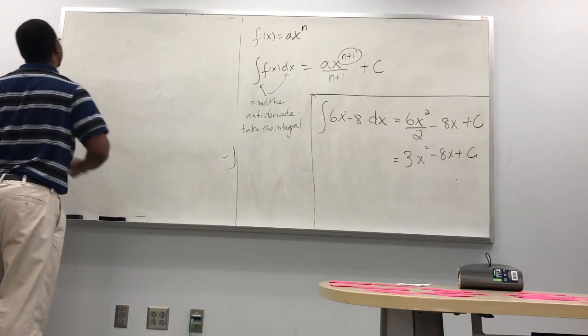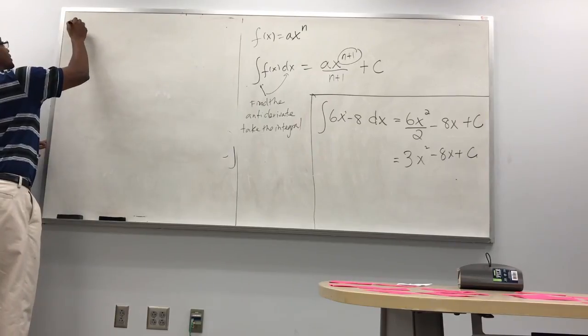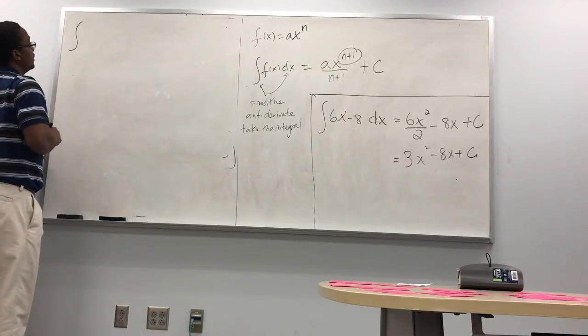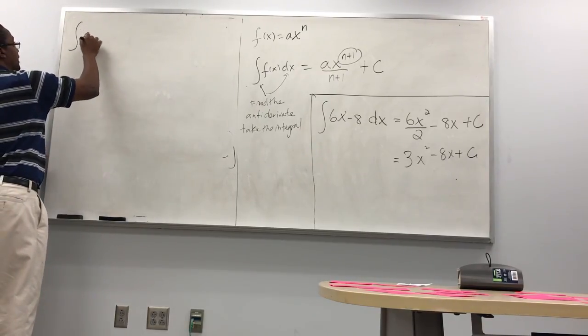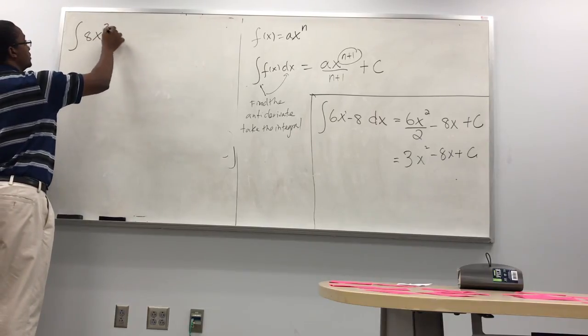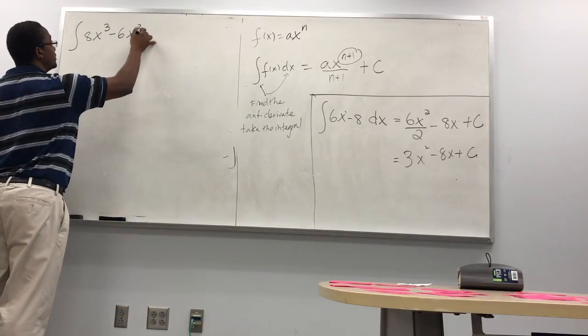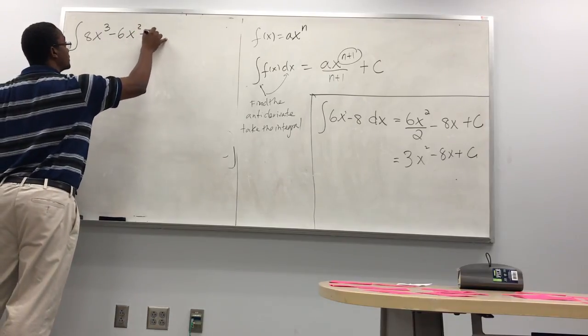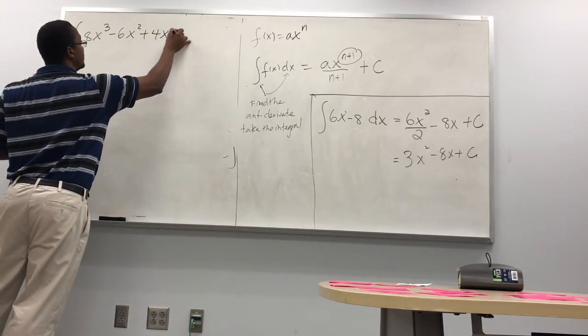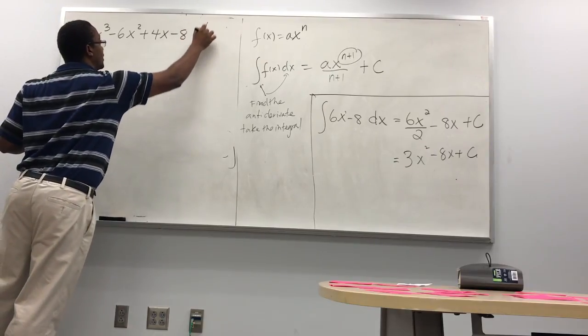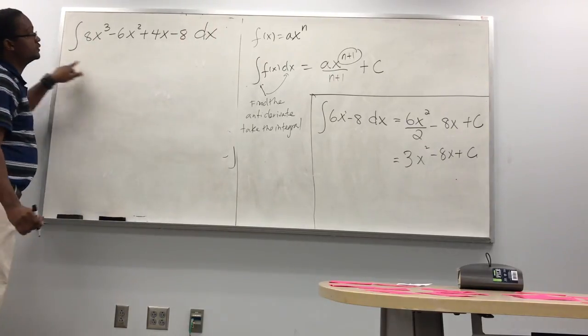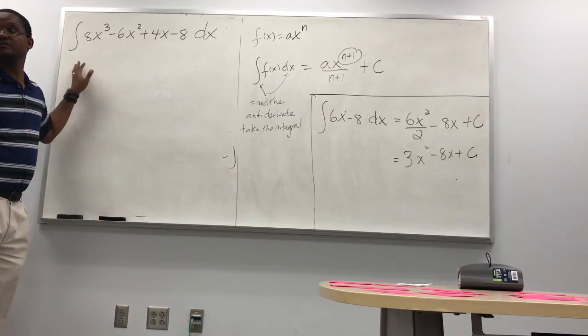So, let's say I have the antiderivative of 8x cubed minus 6x squared plus 4x minus 8. Of course, I have to have a dx because these two things always come together.